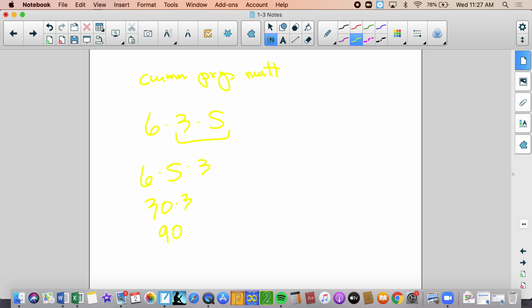If I did 6 times 3, that's 18, and 18 times 5 I wouldn't necessarily know off the top of my head. So we can commute that, and this is the commutative property of multiplication. So you have the commutative property of addition and of multiplication. And notice that I mirrored these. Instead of saying 3 times 5, I mirrored it and did 5 times 3.